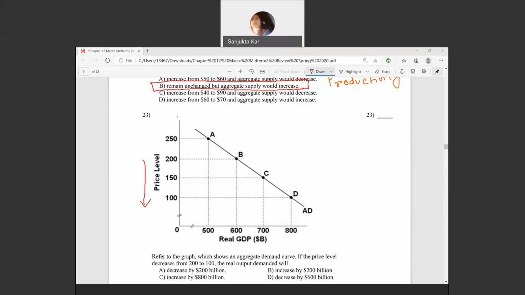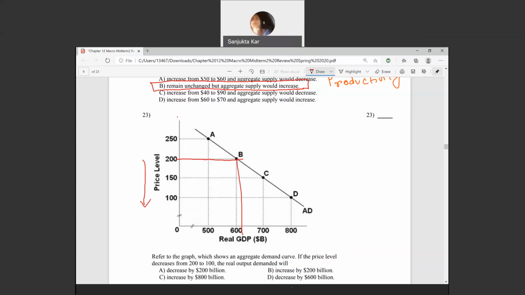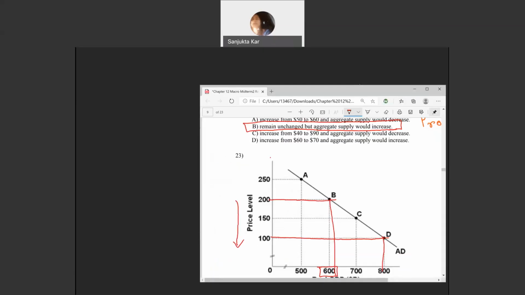So my price level is going down from 200 to 100. 200 is associated with an output of 600, and 100 is associated with an output of 800.